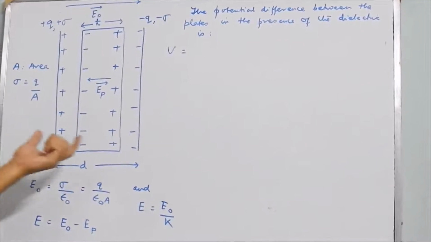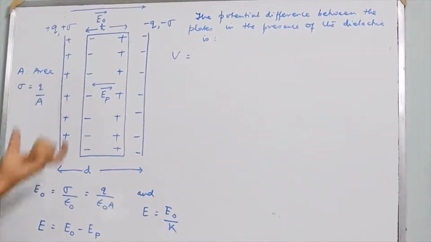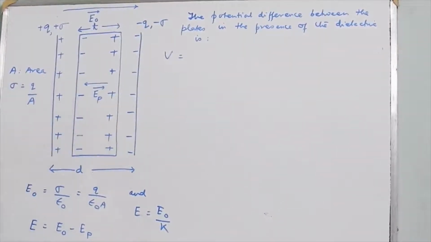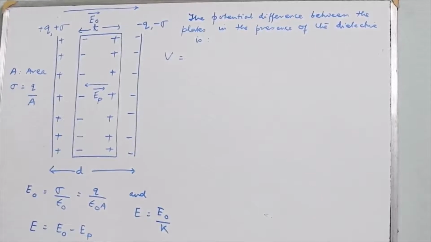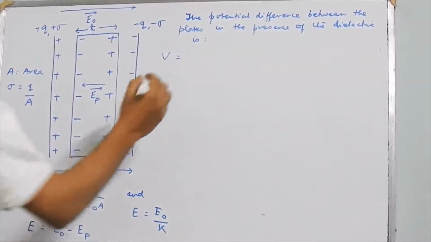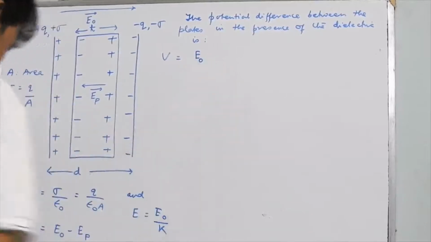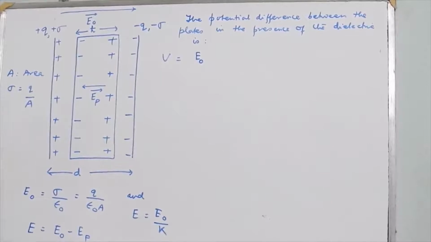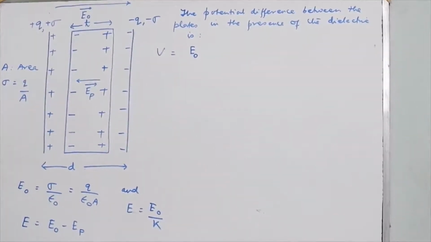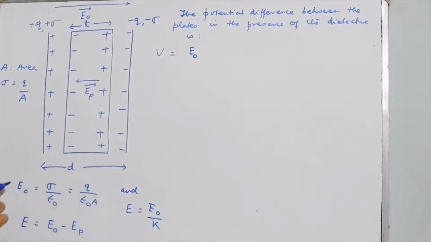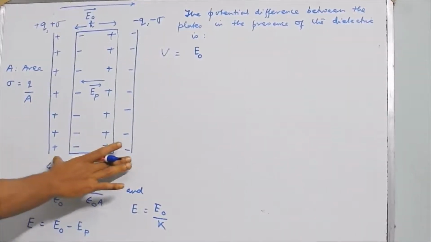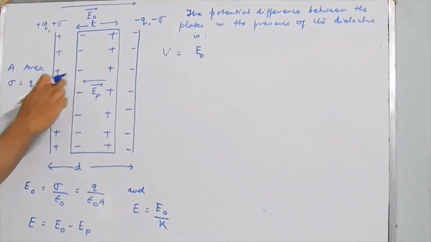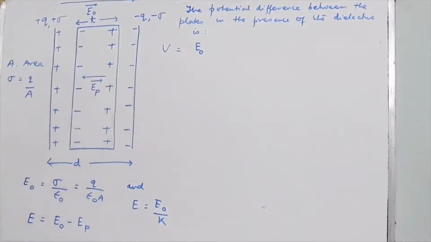Now we can realize that there is some space where the dielectric is not present and there is a region where the dielectric is present. So in the region where there is no dielectric, this potential difference is obviously the electric field E0 into the distance of that region. So if you realize the diagram, then you can say that d is the distance between the plates, and in the region d minus t, that is this specific region and this specific region, there is no dielectric.